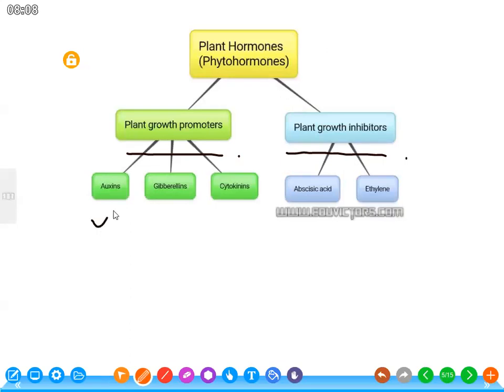Auxins, gibberellins, and cytokinins are plant growth promoters. And plant growth inhibitors are abscisic acid and ethylene.